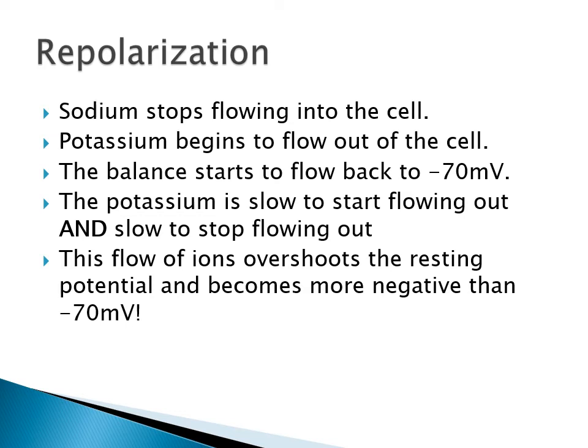This potassium pump is slow to start flowing, and then it's also slow to stop. So as a result, too much potassium leaves the cell, and we overshoot that resting potential of negative 70 millivolts, and we end up even further negative, such as a negative 80 or negative 90, which again isn't ideal for the cell.